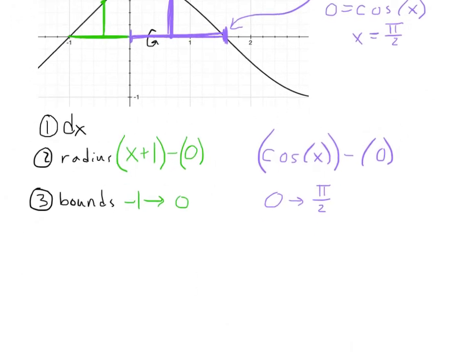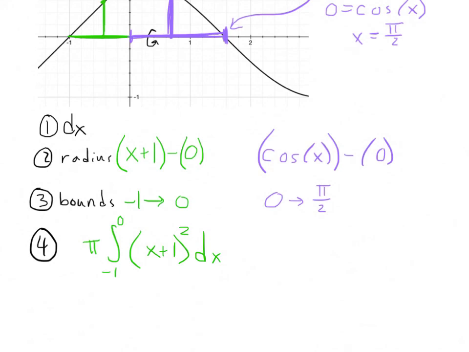The last step, step 4, is where we actually write out what the integral is. And again, I'm going to have two different ones. They're going to be added together. So first, the green one, I have pi times the integral from -1 to 0 of the radius. And at this point, I'll simplify this and just say, look, I understand it's just x plus 1. This is x plus 1 squared dx.